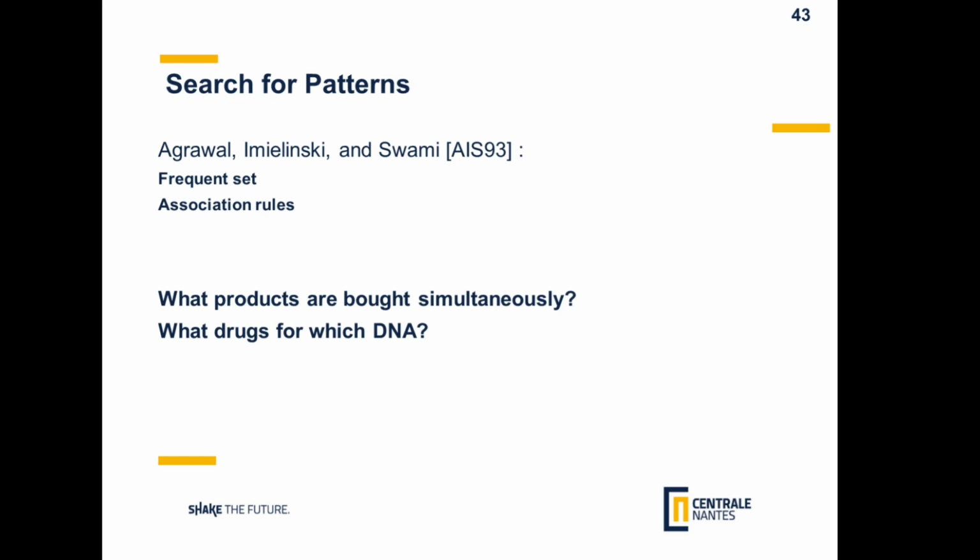The objective is to find phenomena that happen at the same time, that you can find together in the same specimen. So for instance, what kind of products are bought at the same time when you are doing your shopping? What kind of drugs work better depending on the DNA of the sick person? Those kinds of things. What are the phenomena that you can find together?